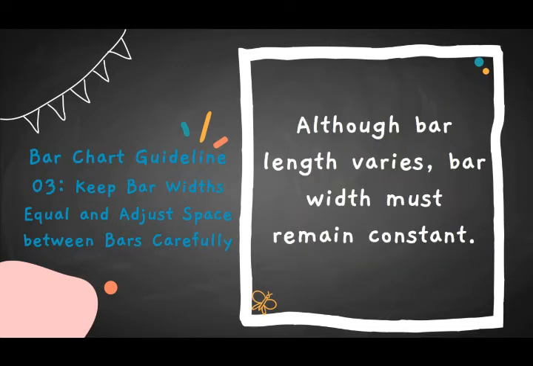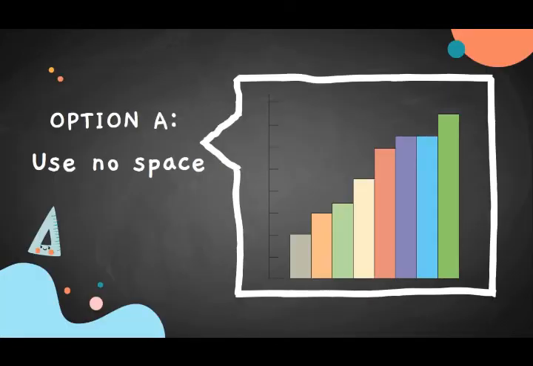Next guideline, we have keep bar widths equal and adjust space between bars carefully. Take note of this one, okay? Although bar length varies, bar width must remain constant. As for distance between the bars, we have 4 options. We have option A, use no space.